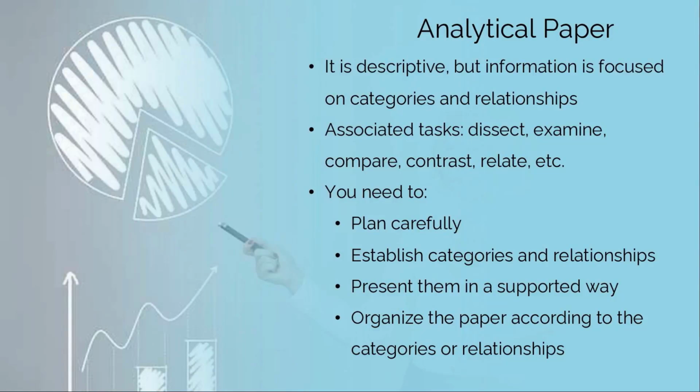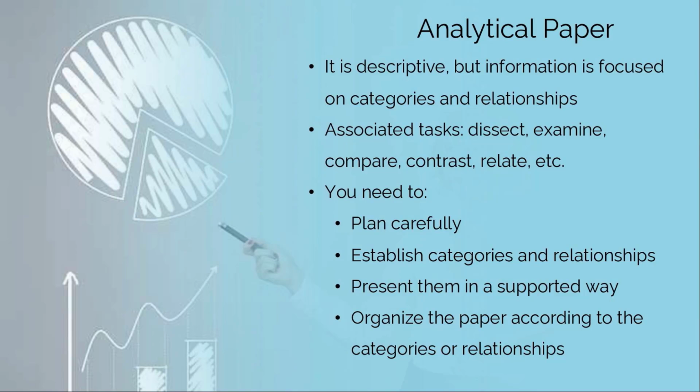The second type of text that may be present in an academic paper is the analytical one. It is rare for a university-level text to be purely descriptive. Most academic writing is also analytical, and that means it includes descriptive writing, but the described facts and information are reorganized into categories, groups, parts, or types of relationships.